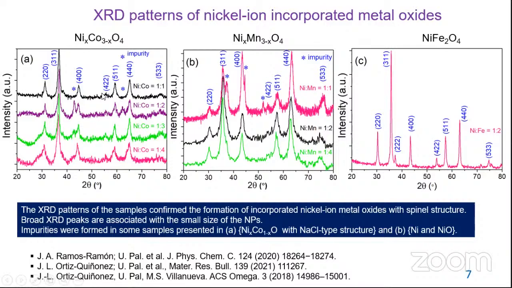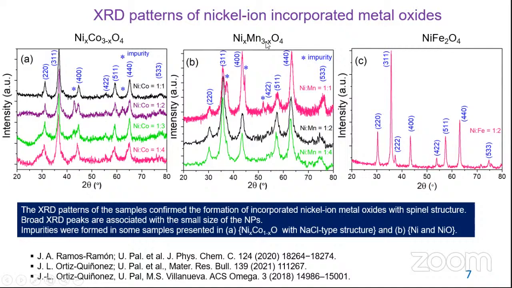These peaks correspond to another phase, Ni(x)Co(1-x)O instead of Ni(3-x)Co(x)O4, which has no spinel structure. It is a sodium chloride structure. But when the nickel is increased more, at 1:1 nickel cobalt ratio, it came back to the spinel structure with no secondary phase.